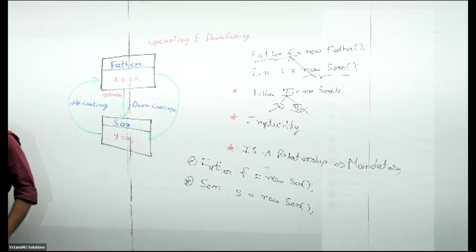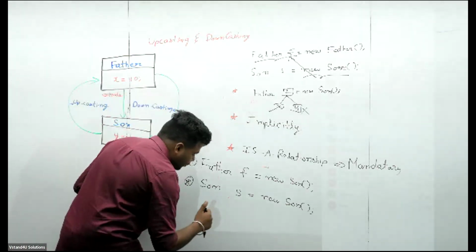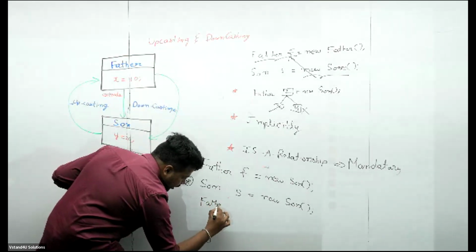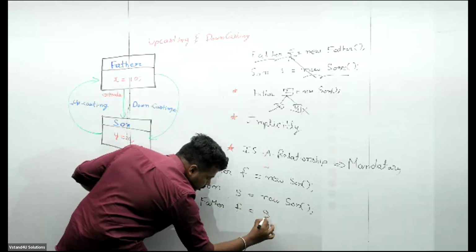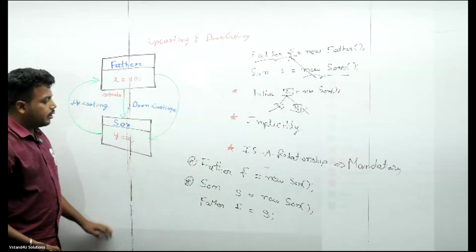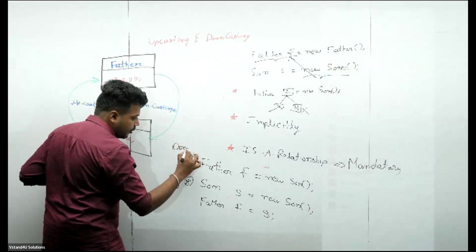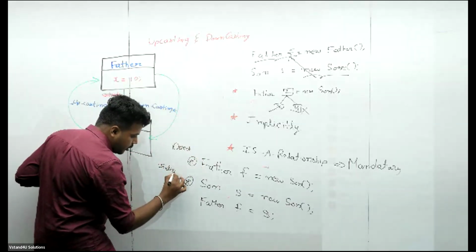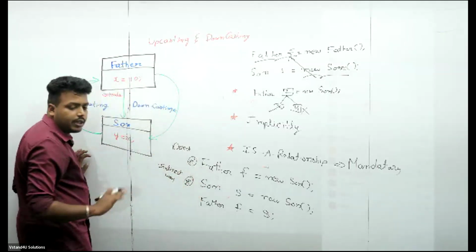What is the next step? Next, I will create the Father's reference. Then I will assign it. This is the direct way. This is the indirect way. I can do these two ways as typecasting.